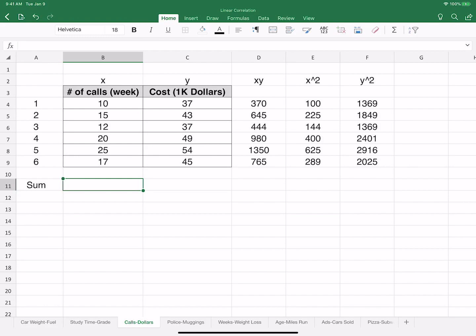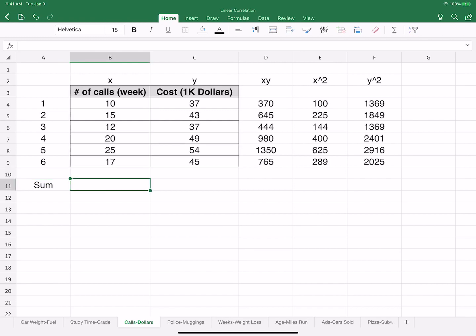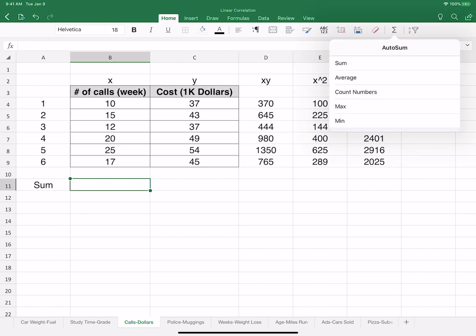I'm going to post this online for you. And now we're going to have to sum these, right? So we're right here with the sum. We're going to have to sum every one of these columns. The first sum, we're going to sum the x column. And so we're going to add now here. Here's the summation.